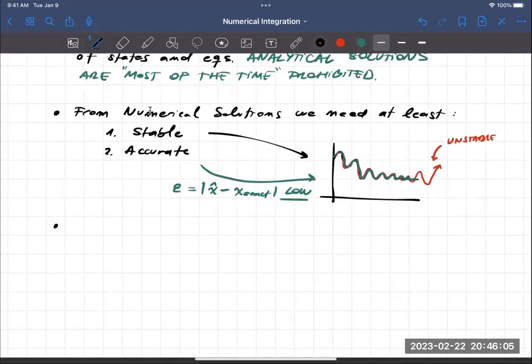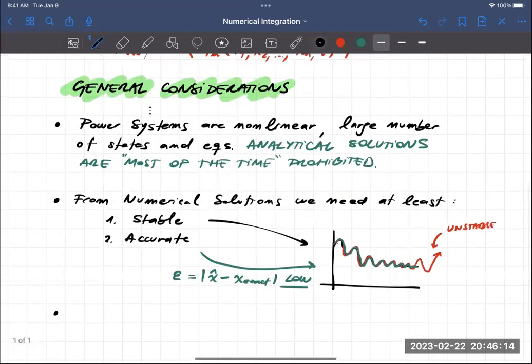Okay, so of course in this class we're gonna learn some of the basic numerical methods that fulfill these characteristics.